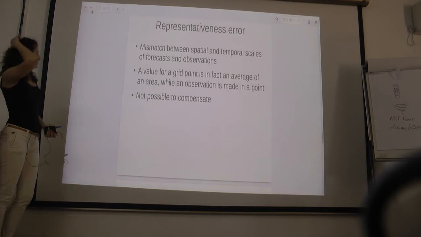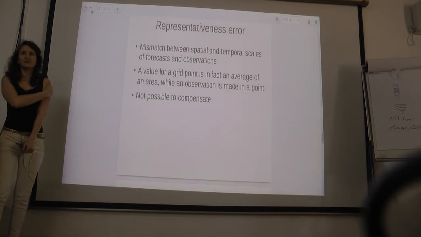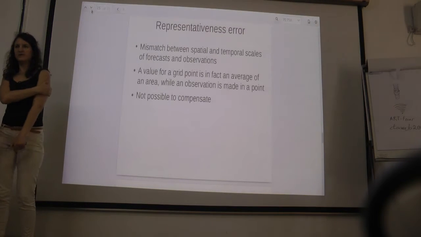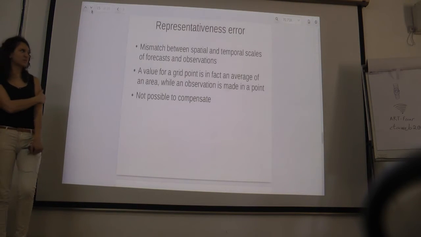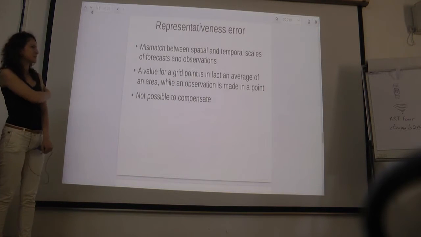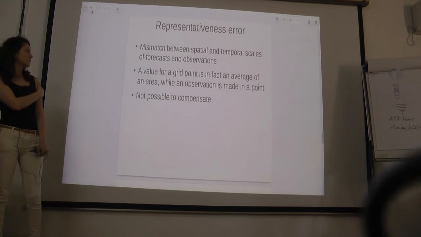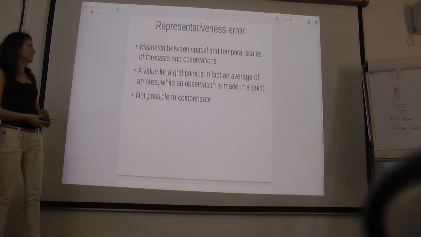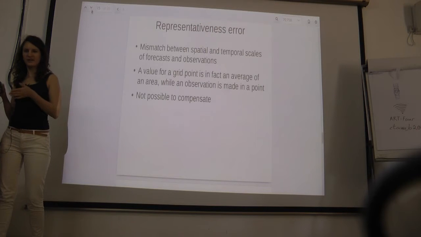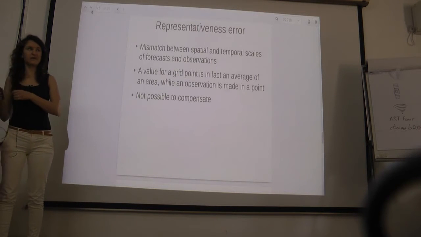Now a few words on the representativeness error, which is a sort of error of completely different origin that we have to be aware of. This is an error coming from the mismatch between the scales that your area forecast and your observation have.